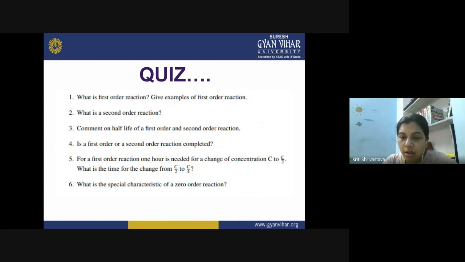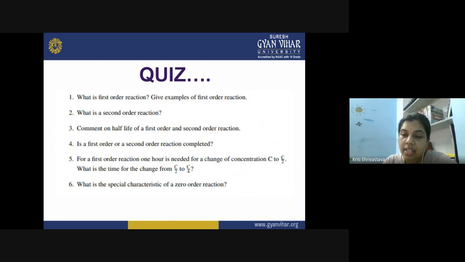Then what is the second order reaction? You have to define the order of the reaction, and then find out examples of the second order reaction. Now you have to comment on the half-life of a first order and second order reaction. So how do we get the half-life terms? For getting the half-life term, you just take the integrated rate law of that particular reaction, suppose a first order or second order reaction.